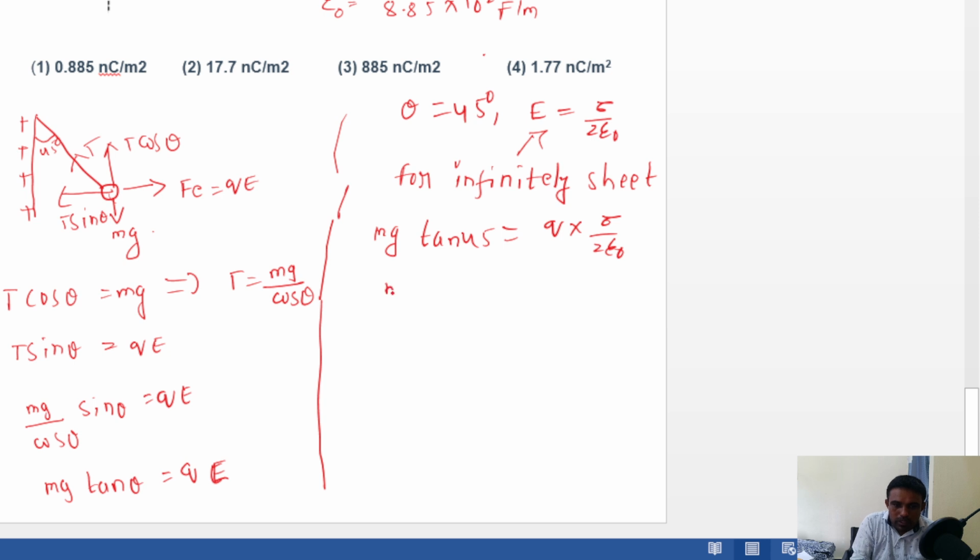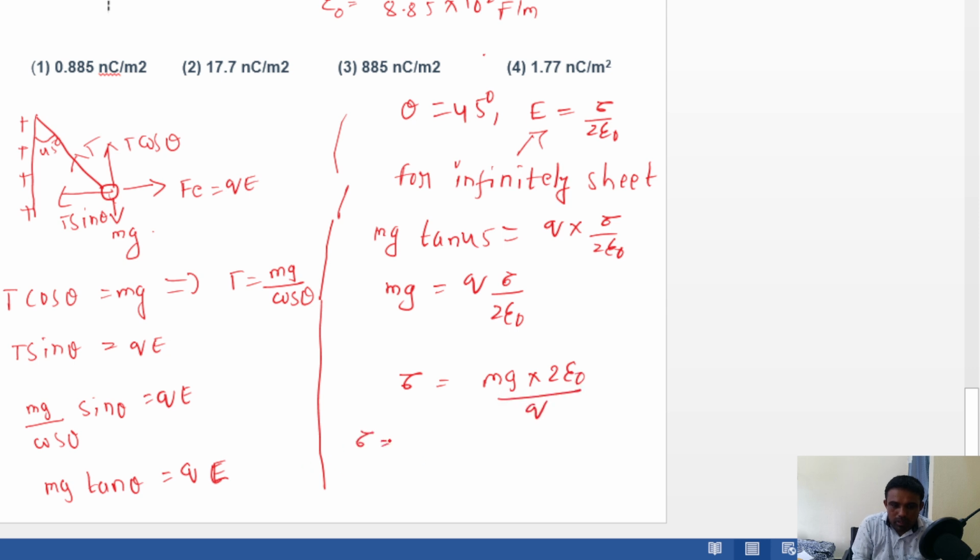Okay, so tan 45 is 1, mg is equal to Q sigma by 2 epsilon naught. From this, we require the sigma charge density. So sigma is equal, cross multiplying, to mg into 2 epsilon naught by Q.